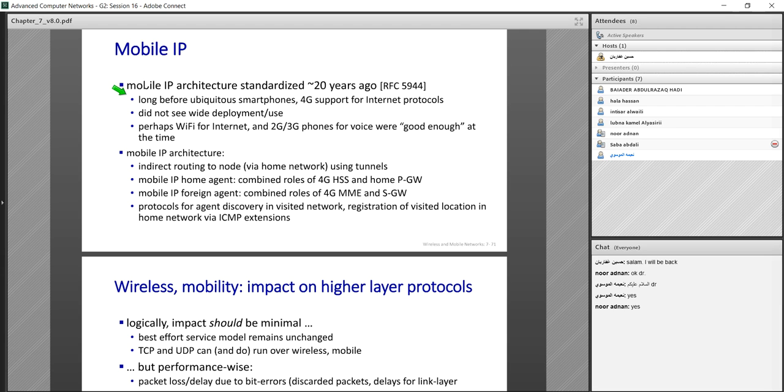And when they used Wi-Fi, Wi-Fi is a local networking technology. So during this time, we never had enough interest to use the mobile IP protocol.